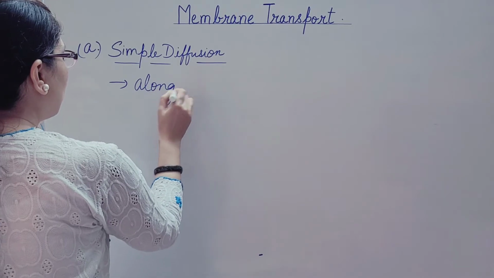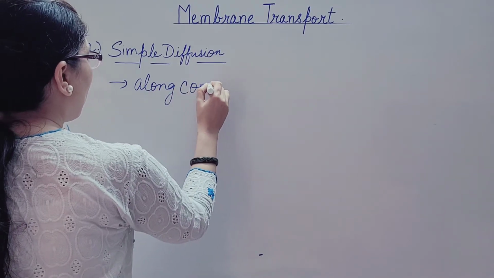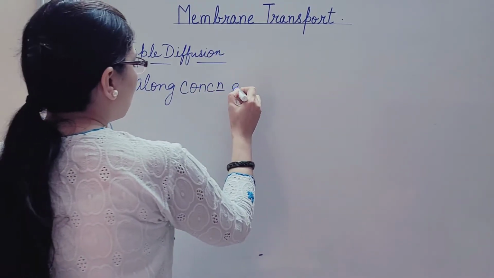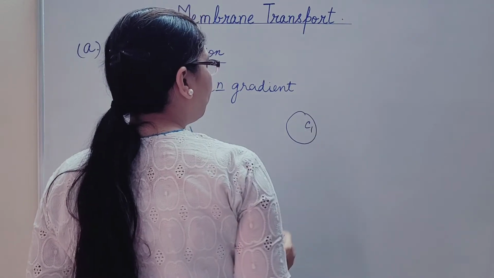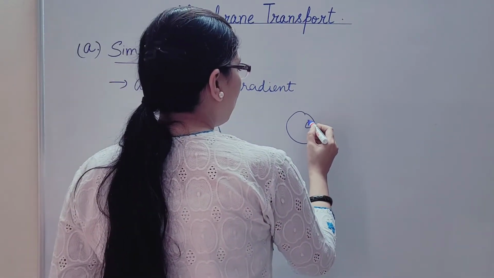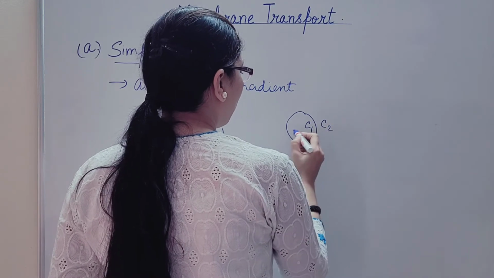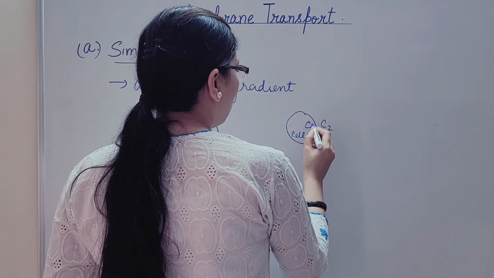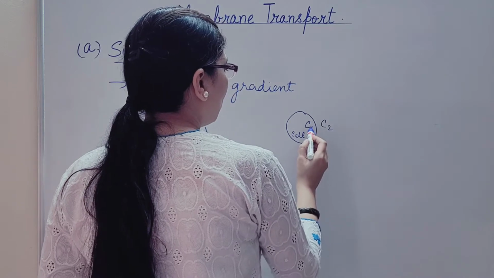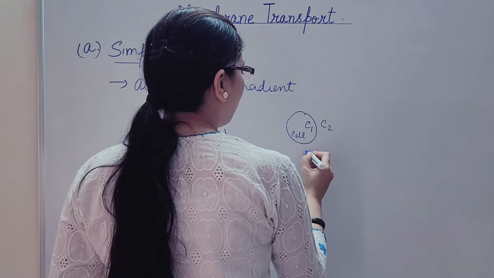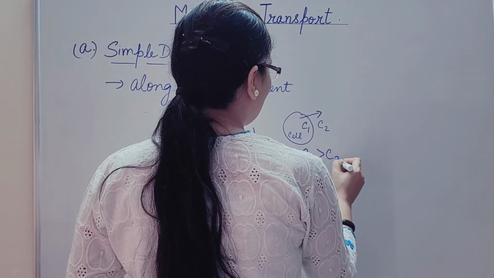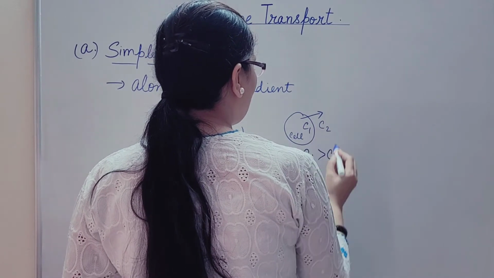We can determine the direction of simple diffusion by the relative concentration of any molecule inside and outside the cell. This is the cell. Inside, the concentration of any molecule is C1 and outside it is C2. If C1 is greater than C2, then the diffusion occurs from the cell to outside.